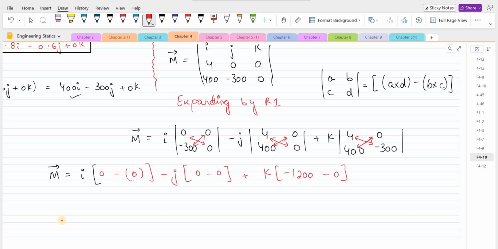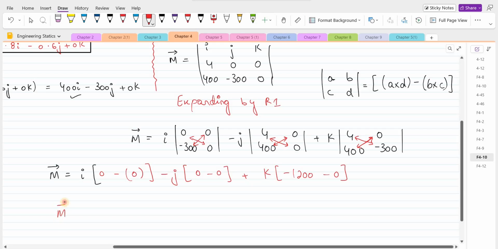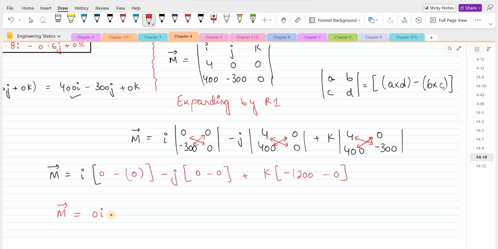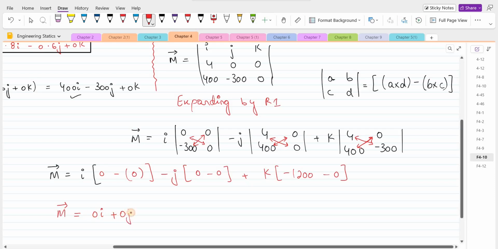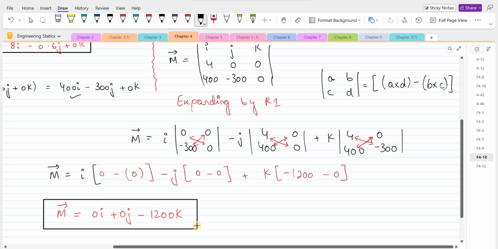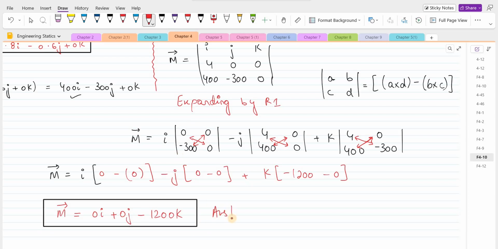So upon simplification, the moment vector M in Cartesian vector form comes out to be 0i plus 0j minus 1200k. So this is our final answer.